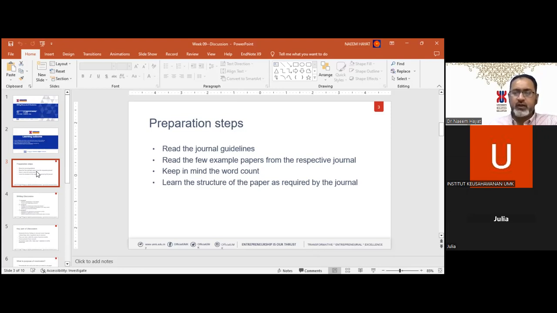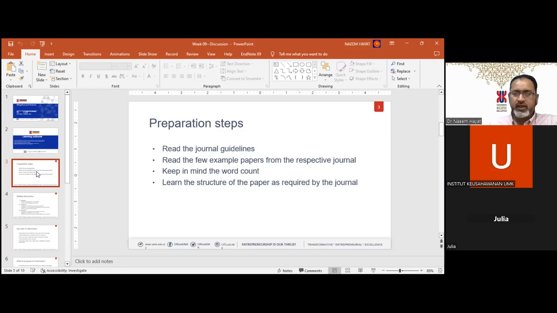Then the word count, because that's very important. Sometimes when we are not careful about writing, a normal issue that may arise is that we write more than what is required. It's a general guideline, which varies from journal to journal. 8,000 words is a normal standard article, but sometimes we have 10,000.